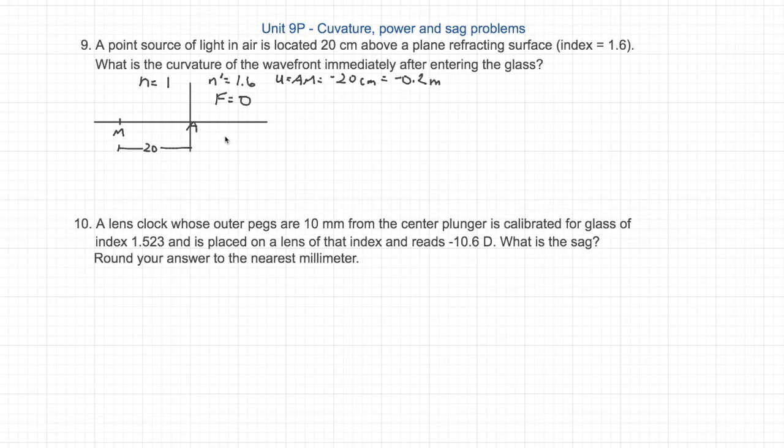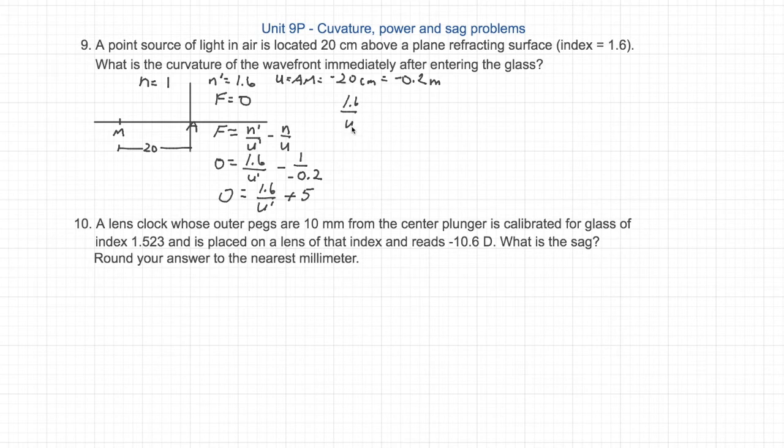The power of this flat surface is 0. And the power formula equals n prime over little u prime, minus n over little u. Little u prime is the image distance. What we're going to do is find what that equals and then use that to calculate big U prime, the curvature of the wavefront.